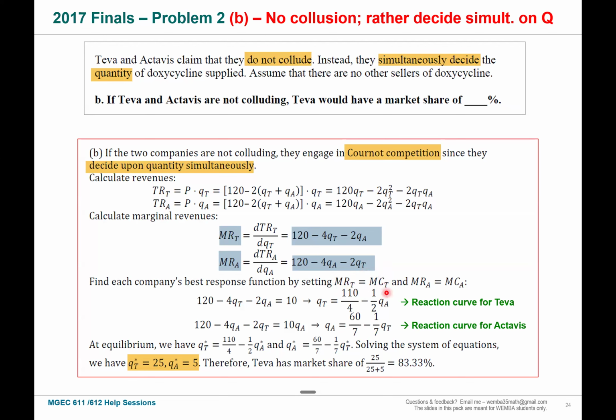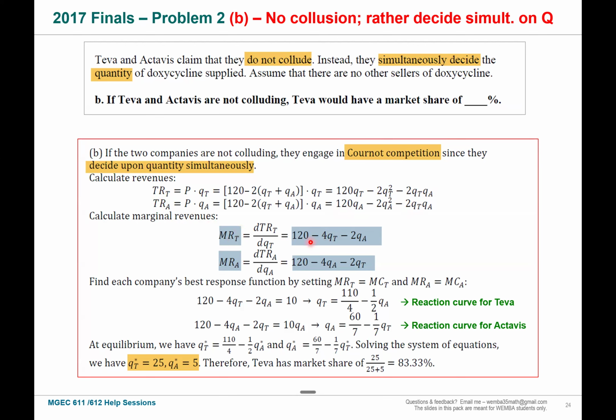The reaction curve for Actavis is MRA equals MCA. And we've got to solve these 2 reaction curves together. The trick is to get MRT and MRA. You know how to get MRT and MRA. Compute first the total revenue for Teva, which is price times QT, and open it up. Compute the total revenue for Actavis, price times QA, open it up, and take the first derivative of TRT and TRA with respect to QT and QA.